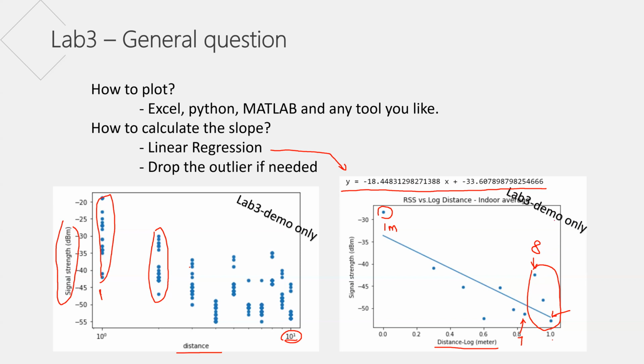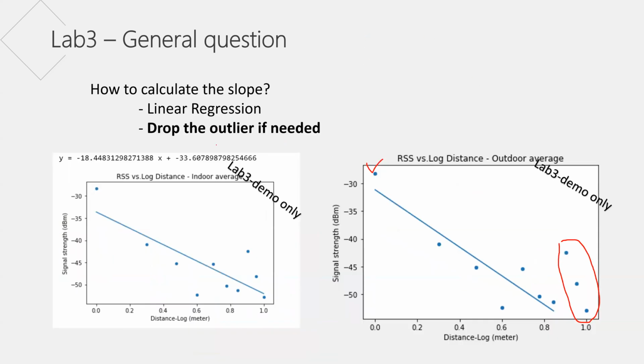So what should I do here? What I need to do is just drop the outliers if needed. We call this kind of invalid data outliers. So when we calculate the slope, we do not consider these 3 invalid data points here.